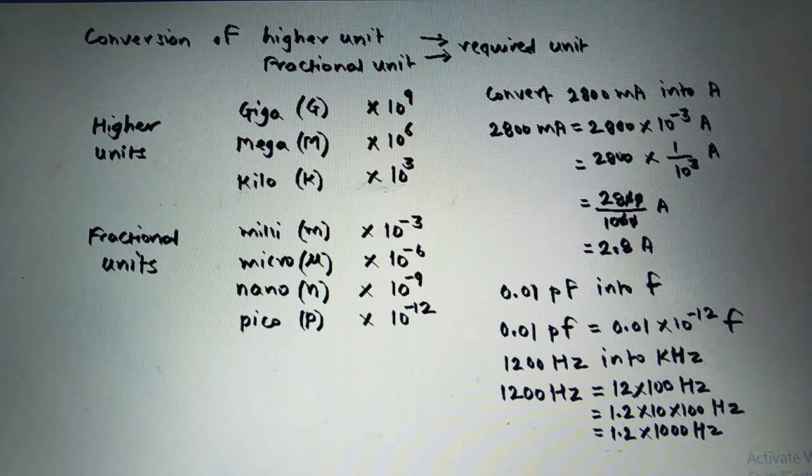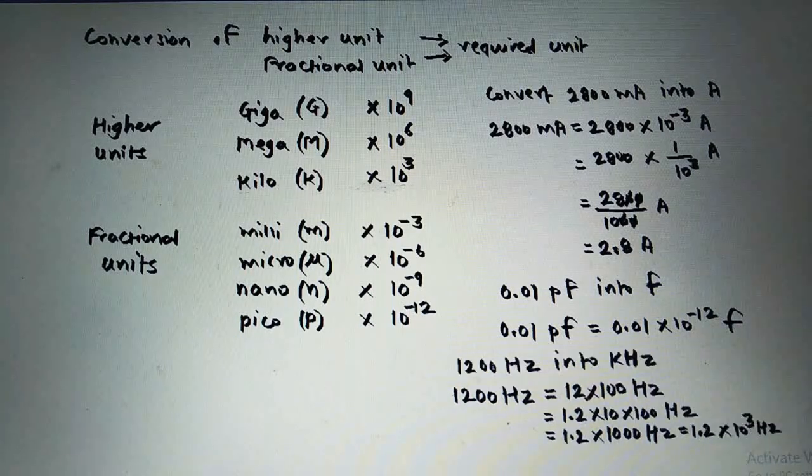Now we can write this as 1.2 into 10 raised to 3 hertz, because 1000 is equal to 10 raised to 3.